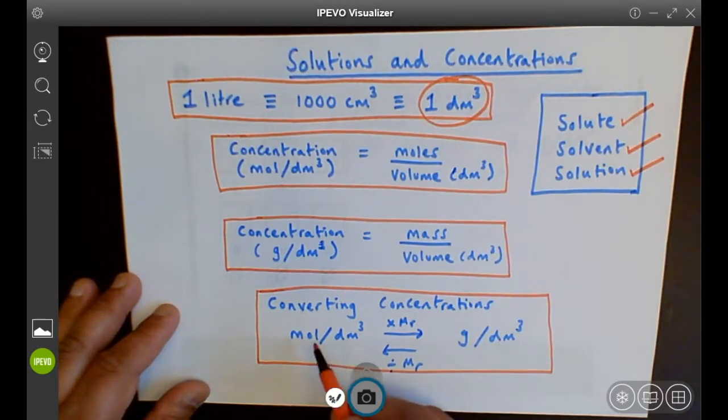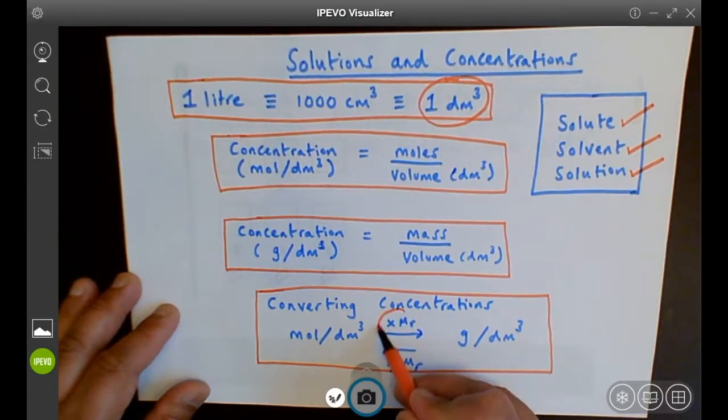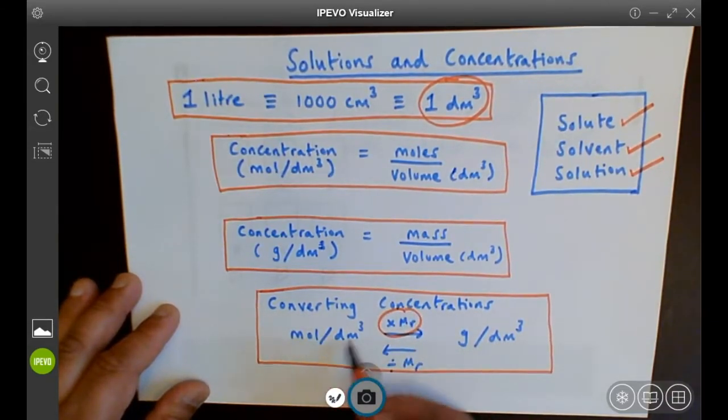An easy way to go from moles per decimeter cubed to grams per decimeter cubed is by multiplying the moles per decimeter cubed value by the Mr of the solute. If we want to go back from grams per decimeter cubed to moles per decimeter cubed, then we divide by the molecular mass of the solute.